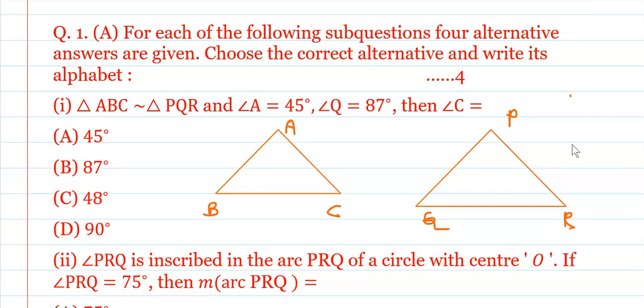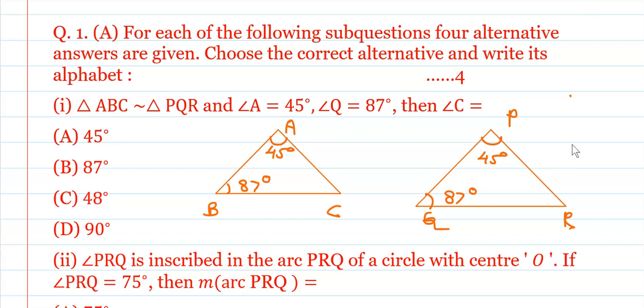Means what? Angle A is congruent to angle P. Therefore, the measure of angle A is 45. P is also 45. Next, angle Q is 87. And therefore, angle B is also 87.